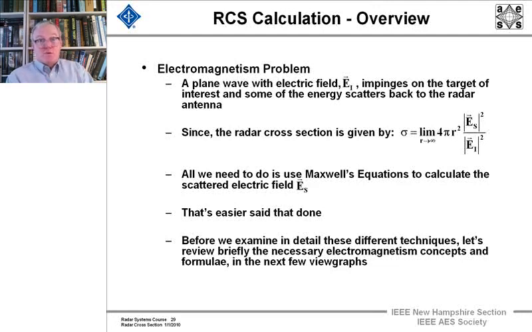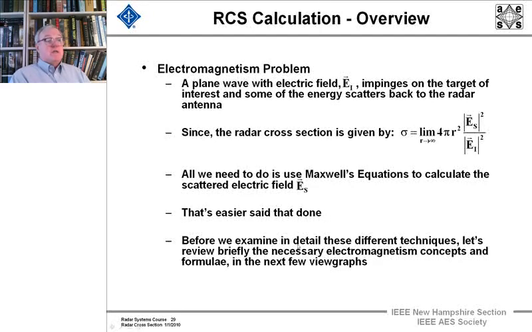That's simple to someone who really knows electromagnetism at the level which I'm expecting you to know. It impinges on the target of interest, and some of the energy we've talked about scatters back to the radar antenna. And here's the definition of the cross-section. So all we need to do is use Maxwell's equations to calculate the scattered electric field. And as I say here, it's easier said than done.